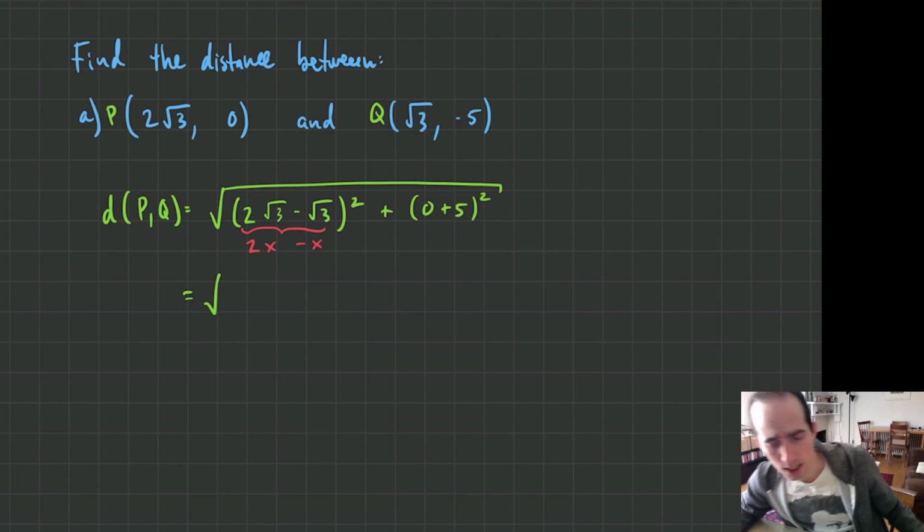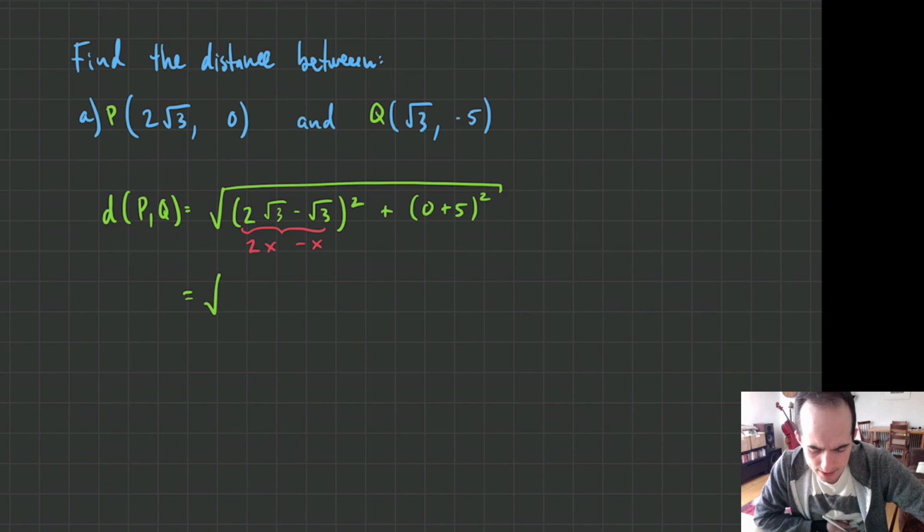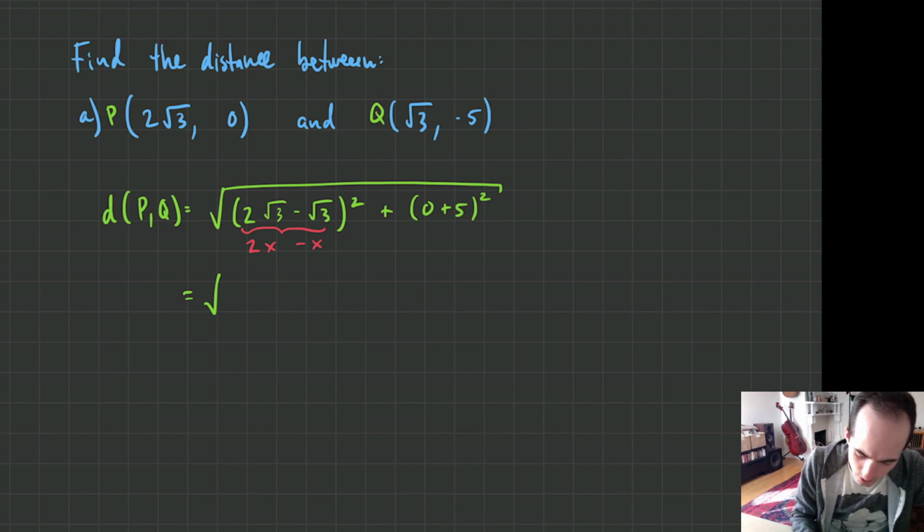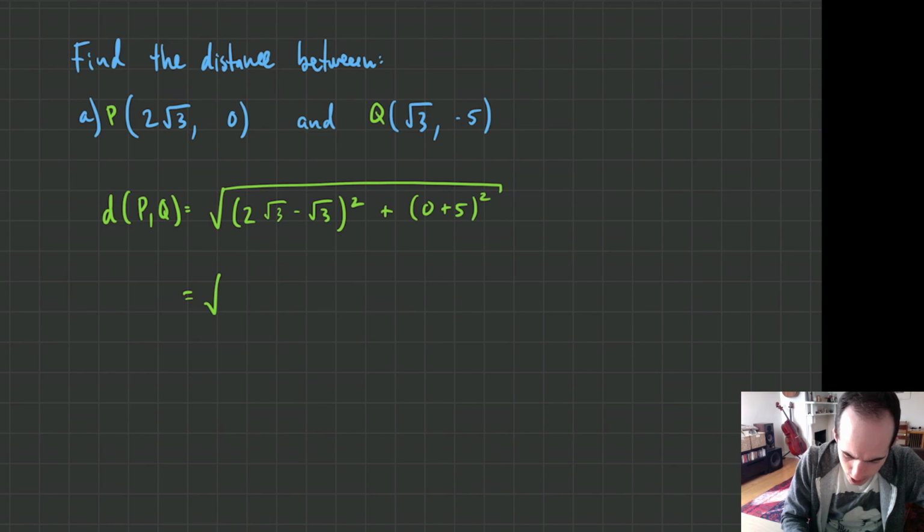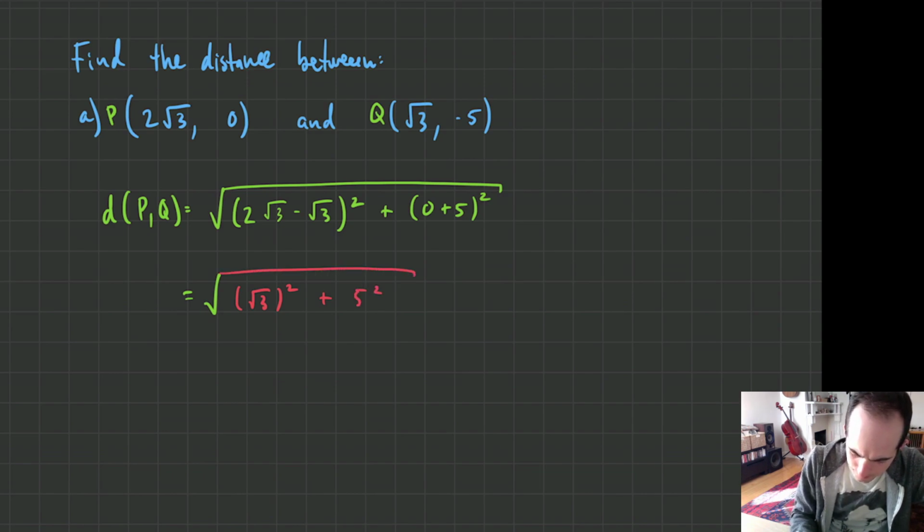So if I have 2 times the square root of 3 and then I subtract the square root of 3, how many square root of 3's do I have? Well, I've got one left. So 2 root 3 minus root 3 is the same thing as just the square root of 3 squared. Okay, plus, now I've got 0 plus 5, that's going to be just 5 squared. Okay, and I guess I should go back to green here.